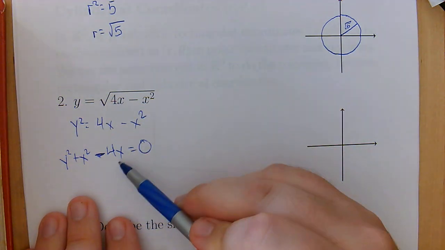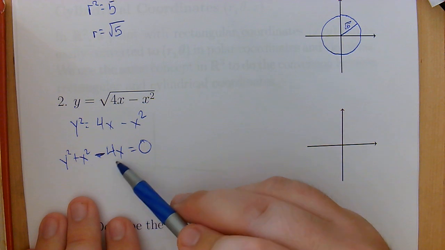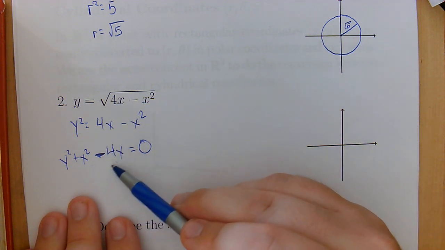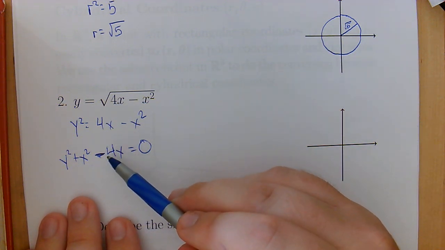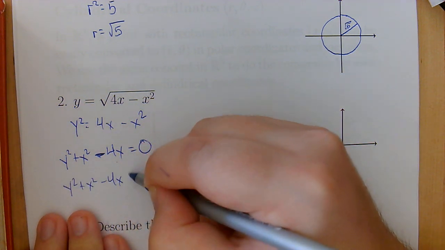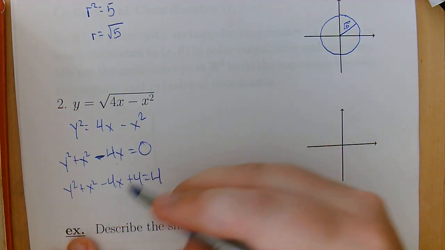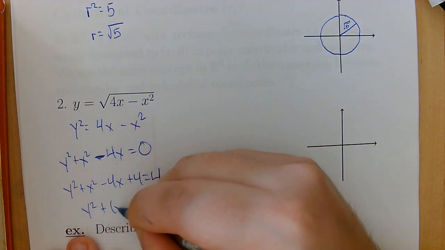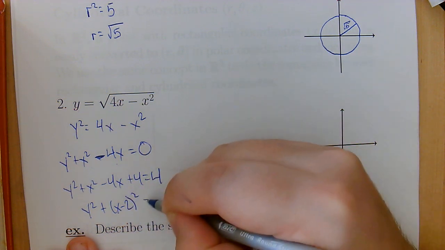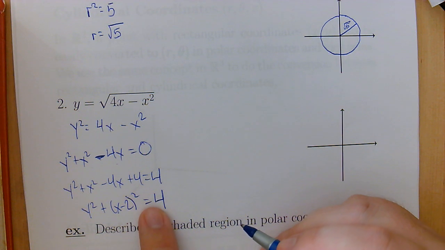Okay, and then what I could do is I can complete the square with this right here. So if I divide this by 2 and square it, I get 4. So I'm going to add 4 to both sides. And then I'm going to factor here. And there we go. So we have y squared plus (x minus 2) squared is 4.